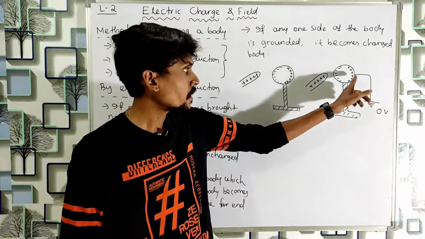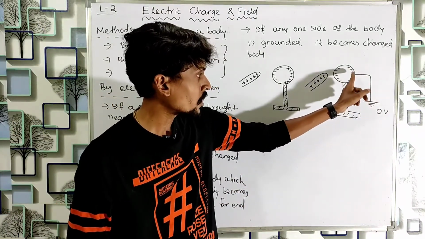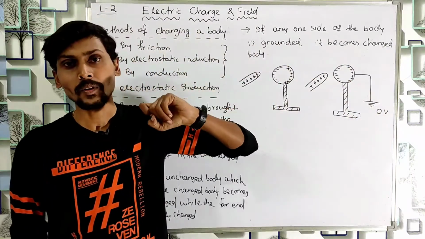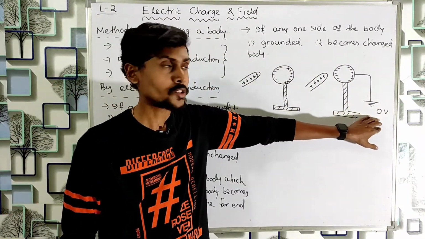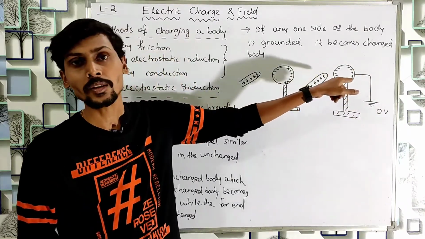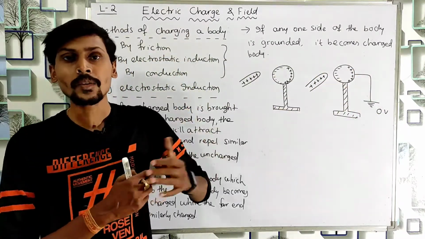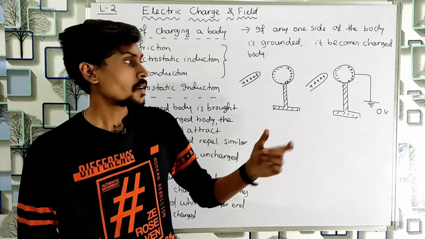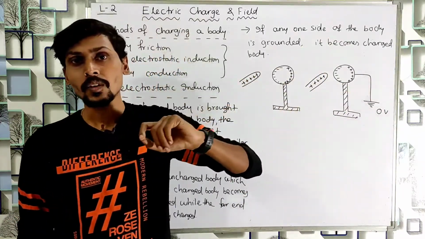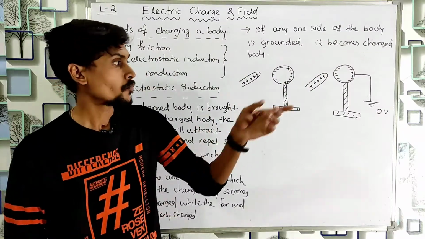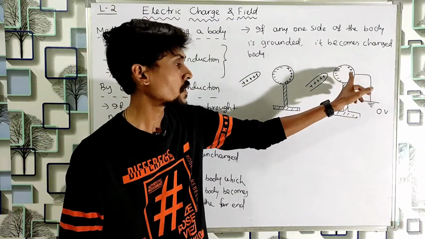So if I connect the right end to the ground using a metallic wire, what will happen? The ground is at zero potential and this end is at positive potential, meaning positive is higher than zero. So we can say that the ground is at lower potential and this end is at higher potential. So the electrons will flow from the ground to this end.